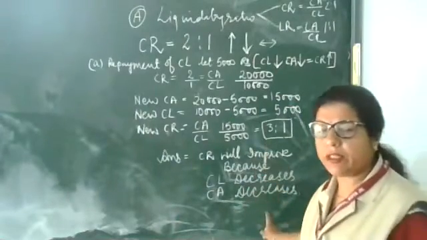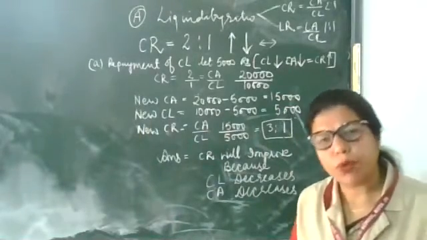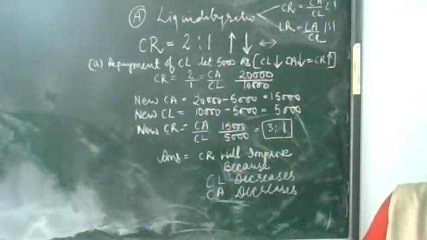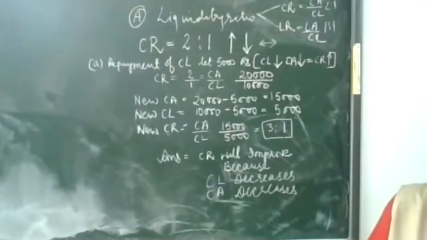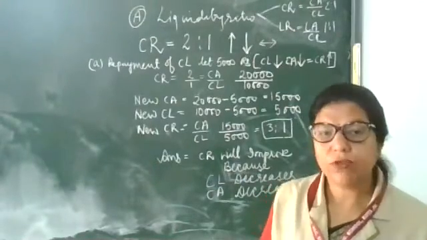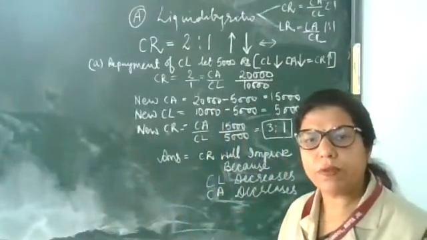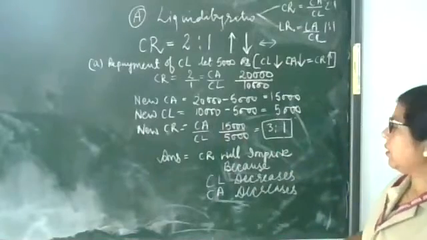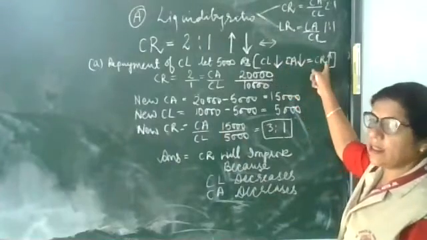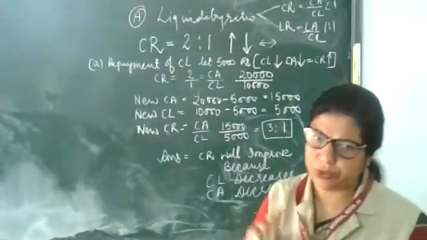You will write this reason also: because CA and CL both decrease. The reason is very easy. CL decreases, CR increases. That is the first conclusion.